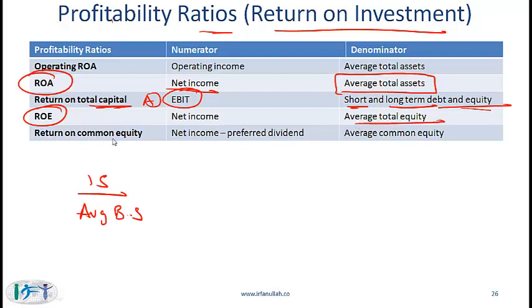Return on common equity looks at the money that is available to common shareholders. If you recall your EPS calculation, you saw this expression there also. The net income minus preferred dividends is the amount available to common shareholders divided by average common equity gives you the return on common equity.